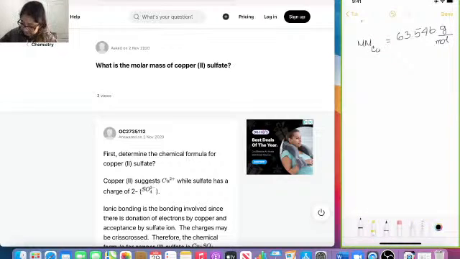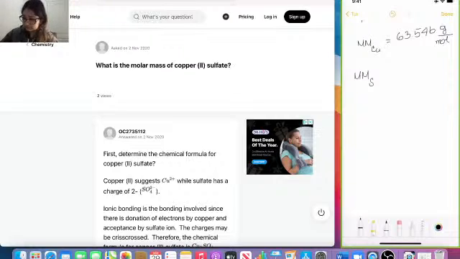The next thing we want to do is find the molar mass of sulfate. Since sulfate is SO4, it has 2 elements, so we're going to break that down into 2 separate molar masses. We first find the molar mass of sulfur.